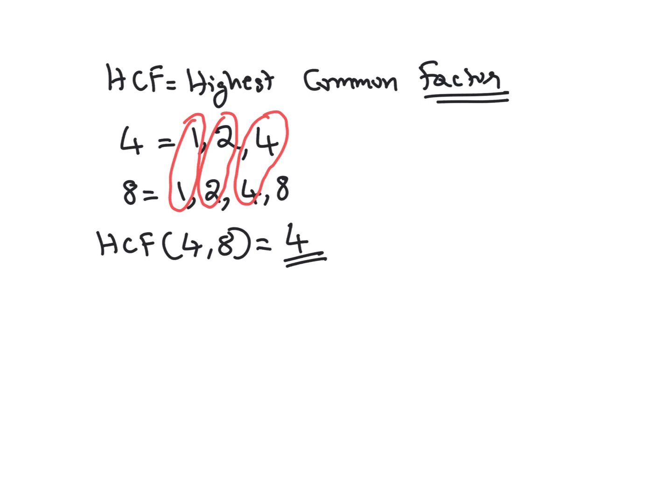Again, a lengthy process. Let's use the prime factorization method to find the highest common factors. Let's take the same thing. Highest common factor of 4 and 8. Let's write down the numbers 4 and 8.